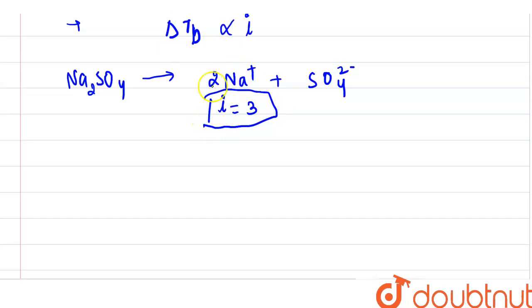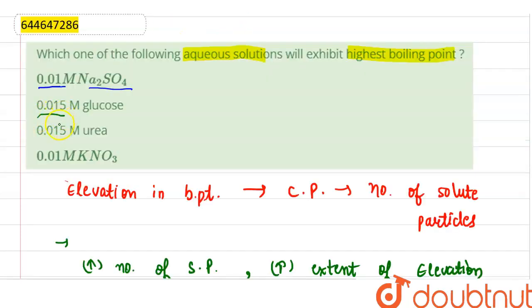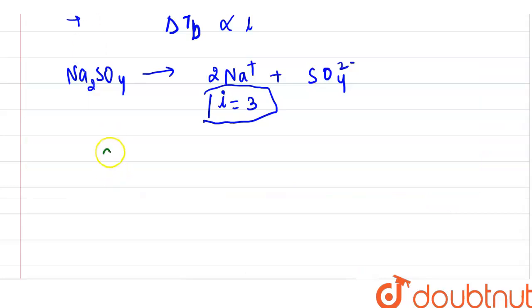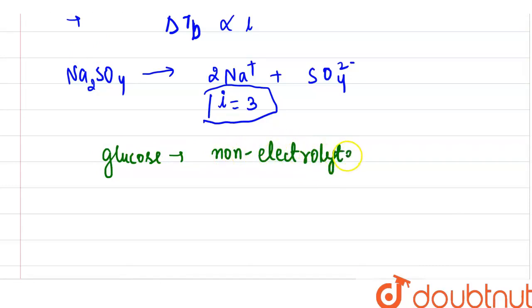Let us see the second option, which is 0.015 molar glucose. As we know, glucose is a non-electrolyte, so here we can consider that it doesn't dissociate.